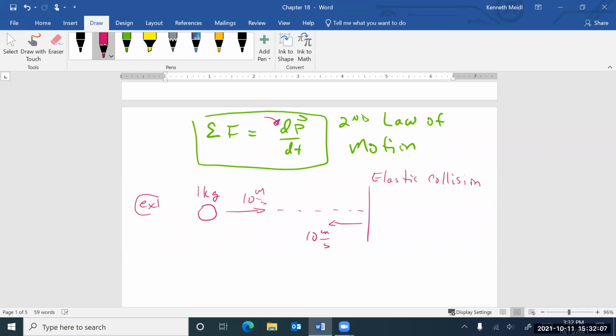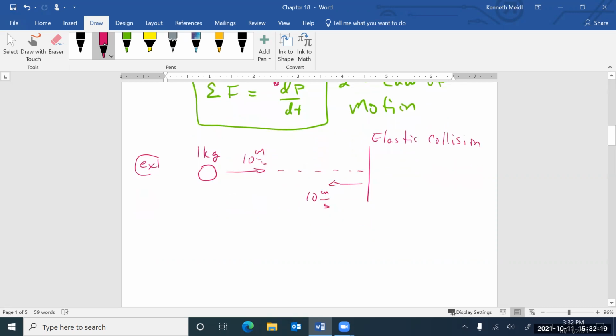Okay. So the question is, is there any change of momentum? There's a huge change of momentum here because momentum is a vector. And so we have to consider our directions here. My initial momentum is going to be 1 kilogram, and I'm going to call that direction positive.